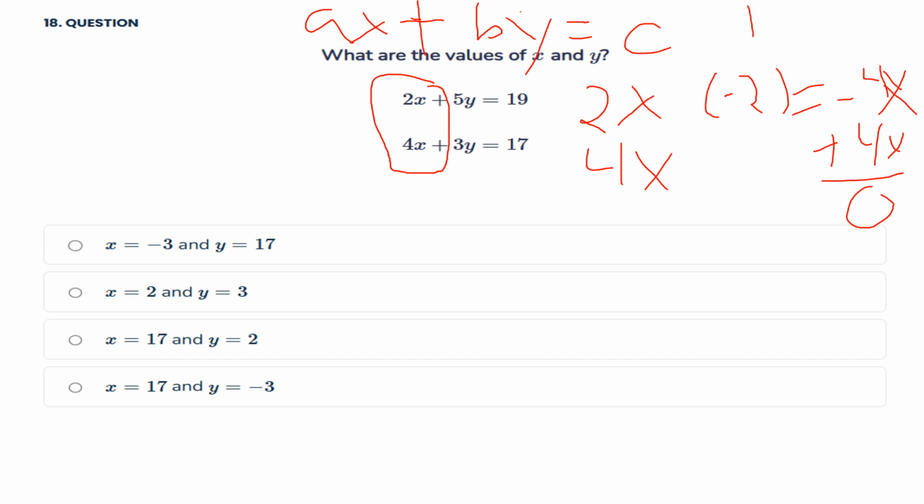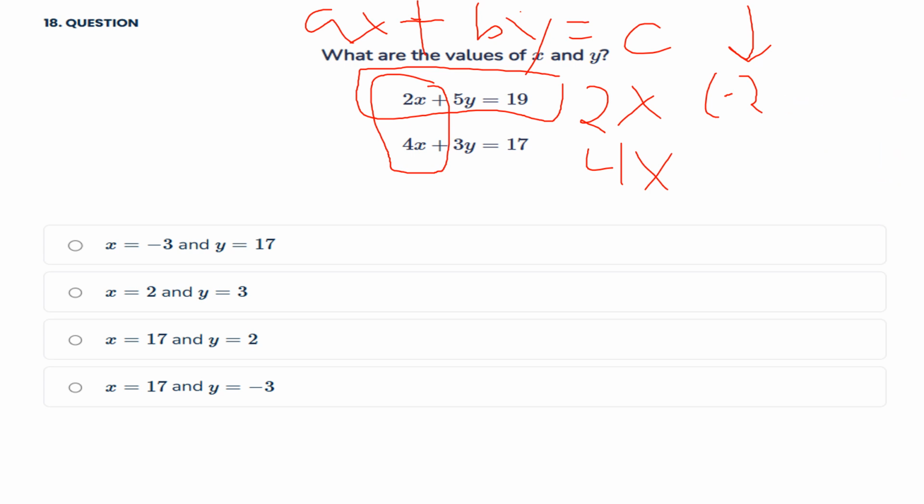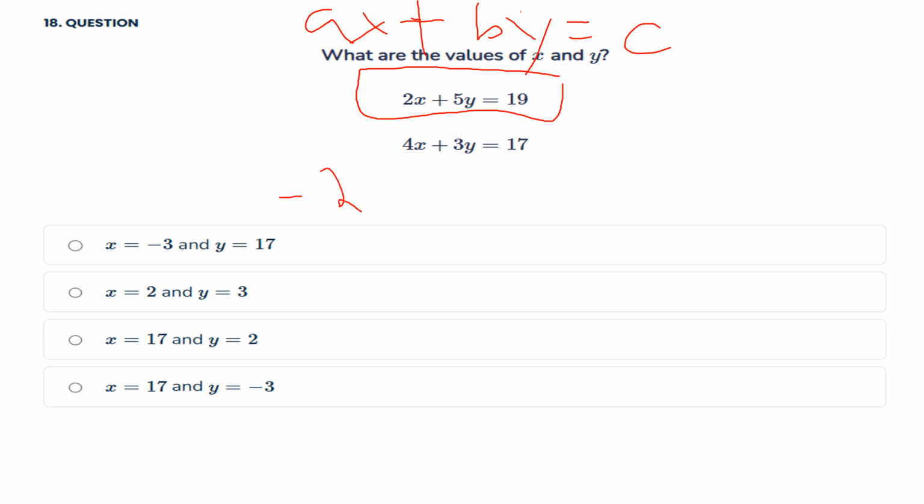We're going to use this negative 2, and we're going to multiply it times this top equation. So let's go ahead and do that. Just remember, we're going to use a negative 2 and multiply it times that top equation. So negative 2 times 2x plus 5y equals 19.